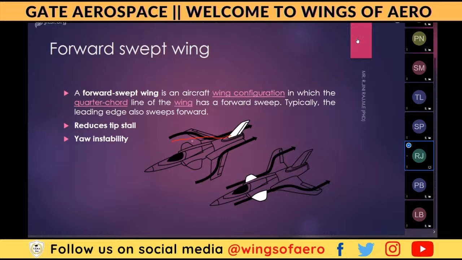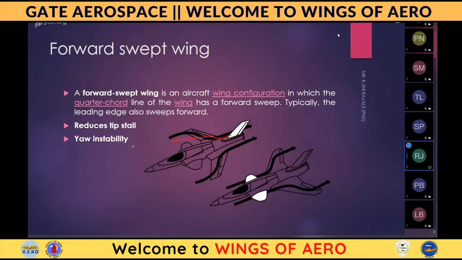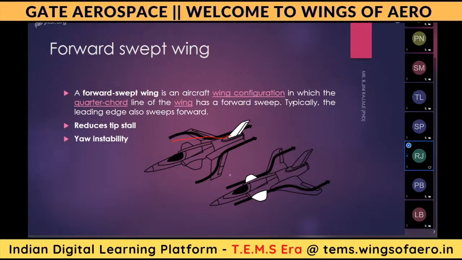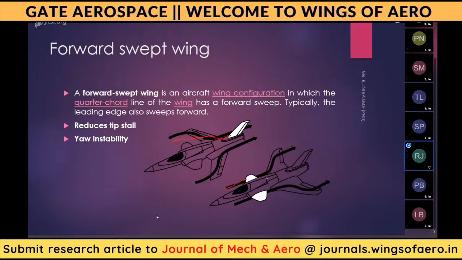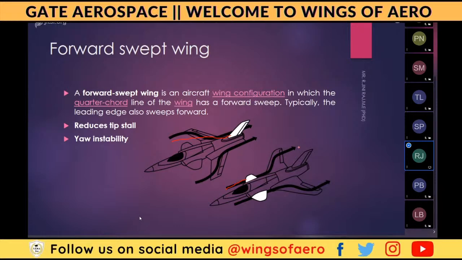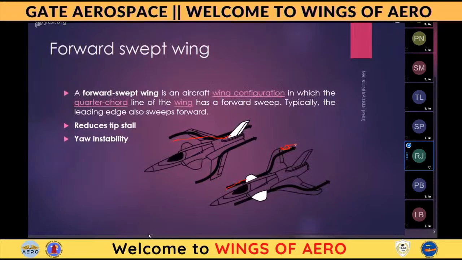This arrow mark shows the flow which comes into the aircraft while in flight. In aft swept wing, that means backward swept wing, the air comes from the root and leaves the airplane wings through the tip. Because of this, the tip will get some wingtip vortices.